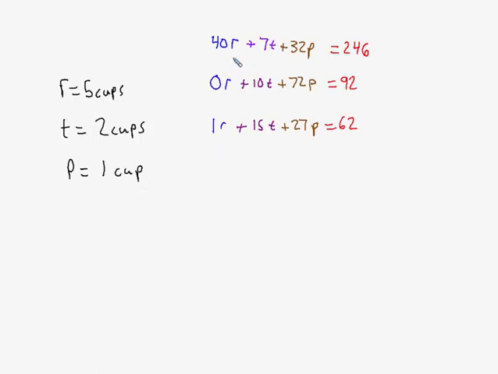And if you plugged those 3 values of r, t, and p into each of the equations, you would see that all 3 equations are satisfied, showing that if he eats exactly that amount of each of the food sources, he will indeed get 246 grams of carbs, 92 grams of fat, and 62 grams of protein.